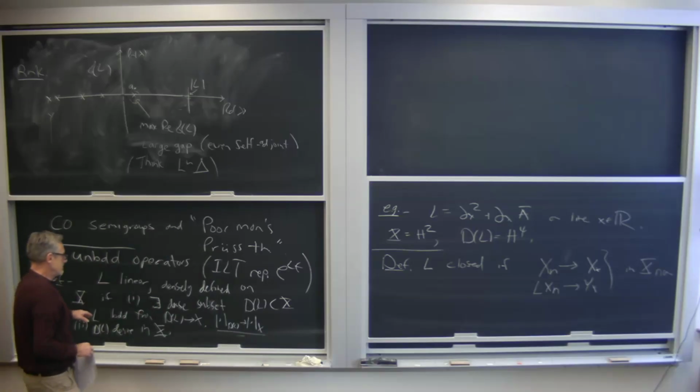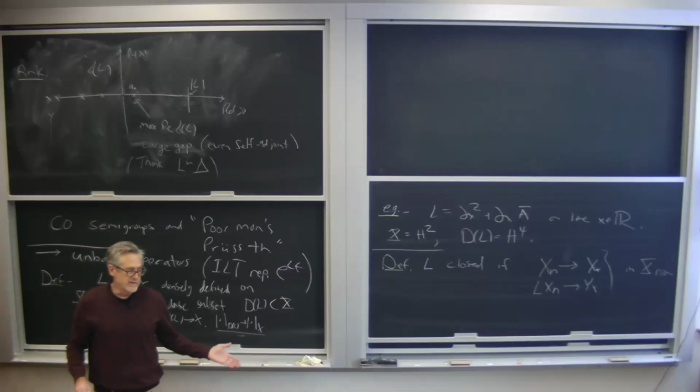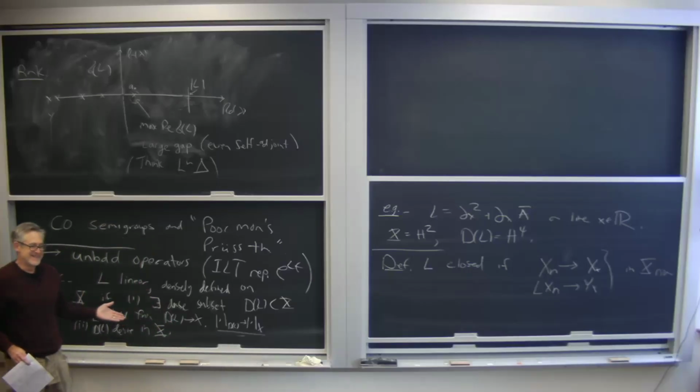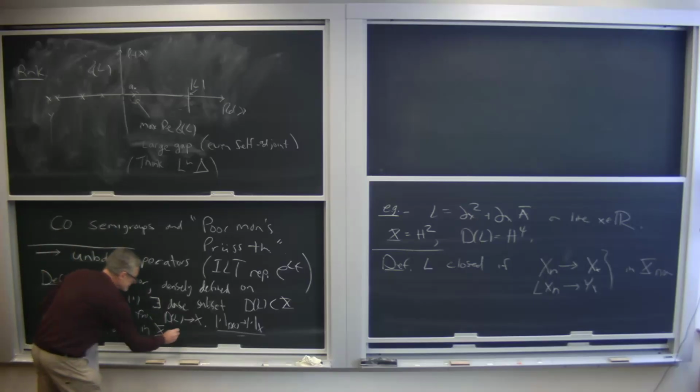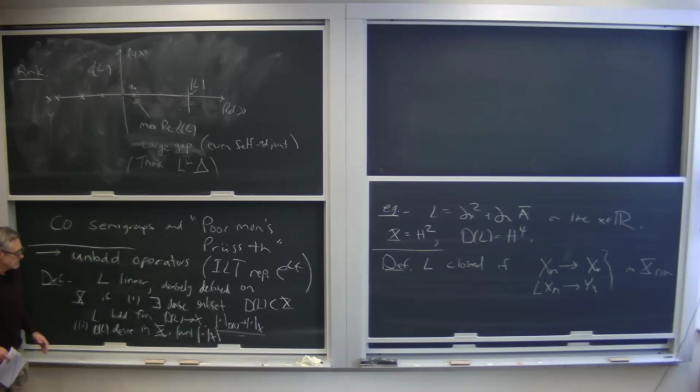So is there a definition of norm of the domain? Yes, the graph norm would be the canonical one, to always make it happen. So what is the domain? Is it D of L? D of L is dense in X, in the X norm, with respect to the X norm.